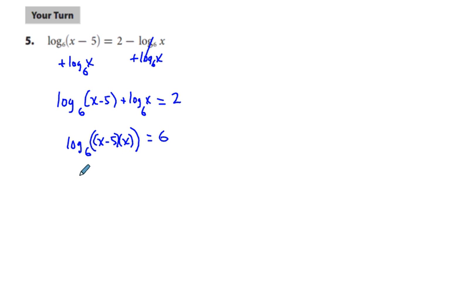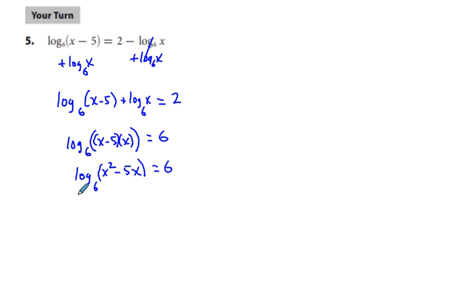And then we have log base 6 of, distributing, x squared minus 5x is equal to 2.